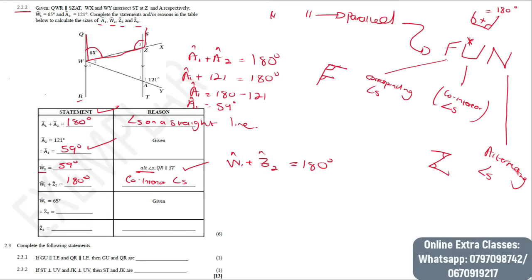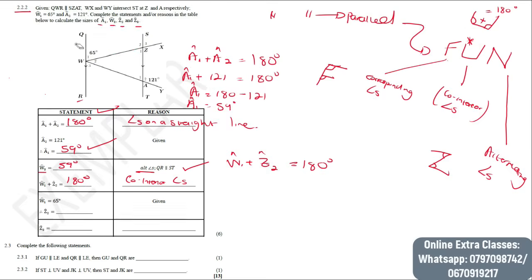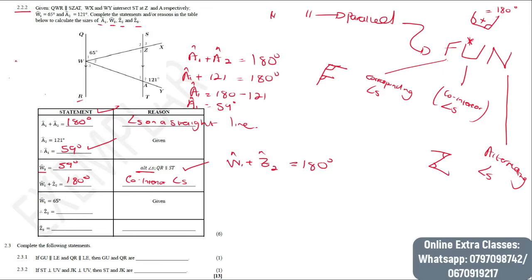And then next we will move to our next question. So maybe let's erase again so that we can have a clear picture of what we are talking about. Here we are told that angle W1 is equal to 65. That's true. So now we are asked what angle Z2 is equal to. This is easy, guys. We know that when we add both angles, we should get 180 degrees.